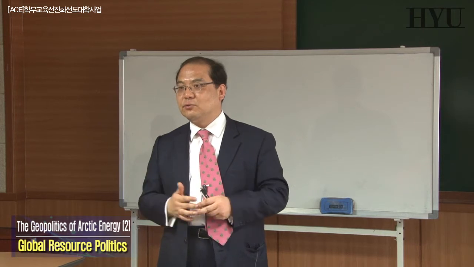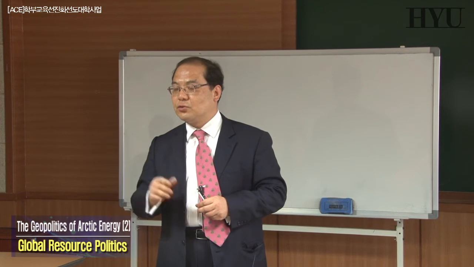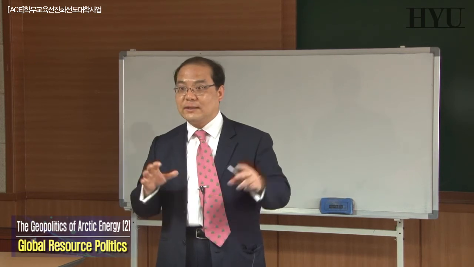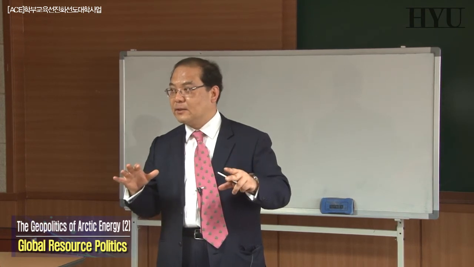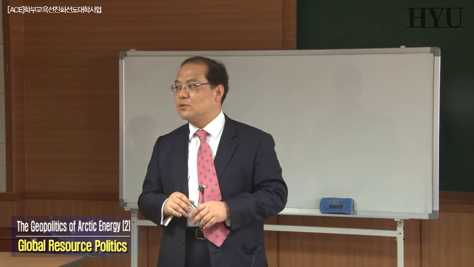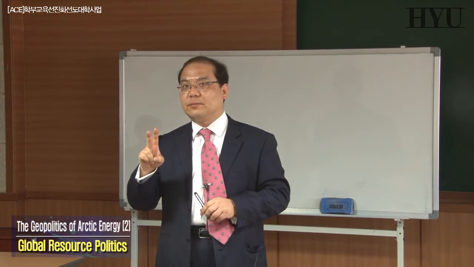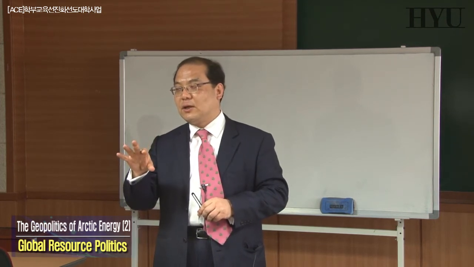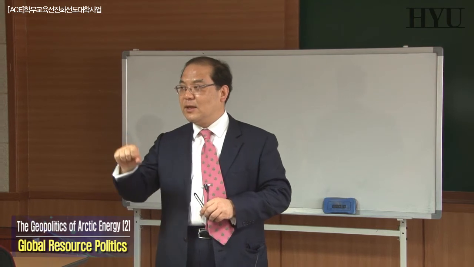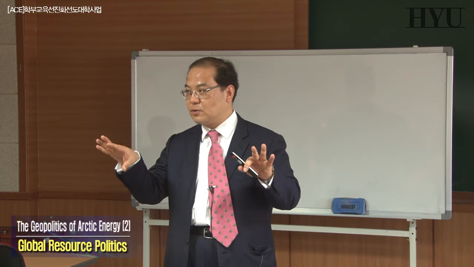Under this issue, what we do is first look at what institutions are put in place in the Arctic, because there are so many institutions. The two most important institutions are, like I said, the Arctic Council and UNCLOS.